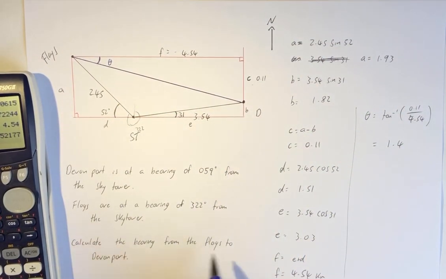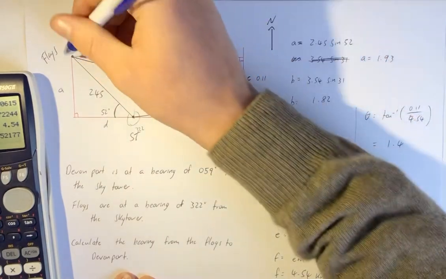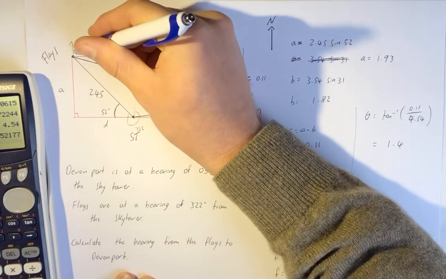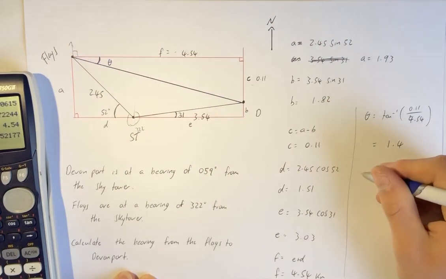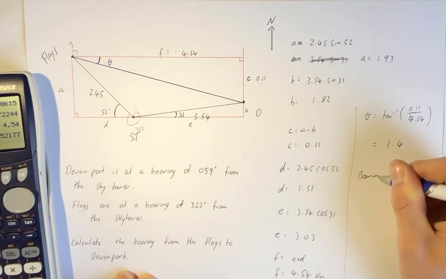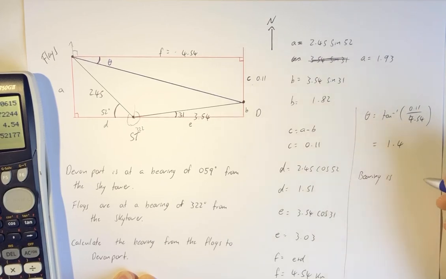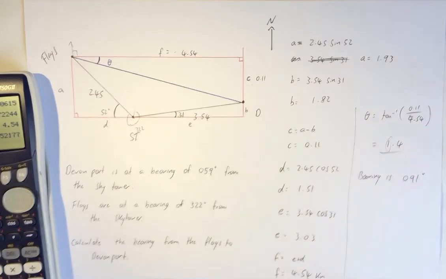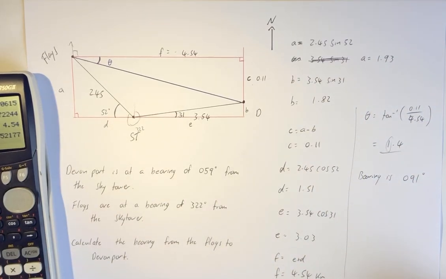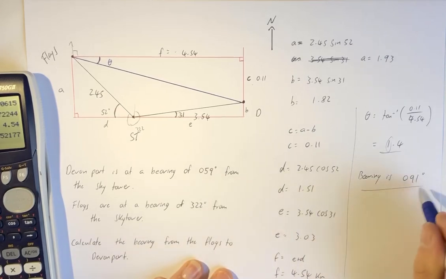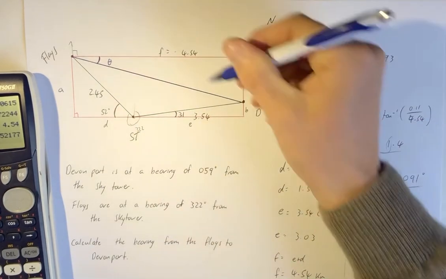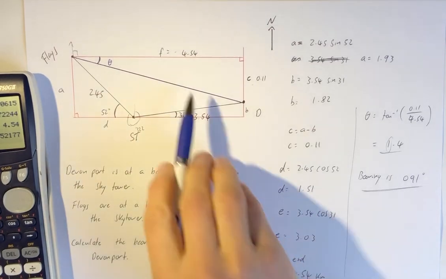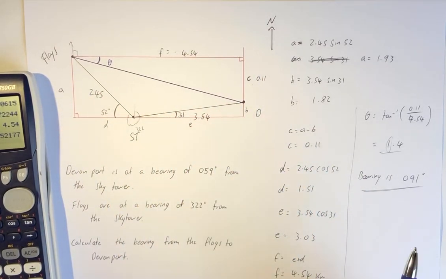We want the bearing from the flags to Devonport. If that was north, we just have to add 90 to that angle, don't we? So the bearing is 91.4, round to the nearest degree, a bearing of 91. Excellent. And you could easily calculate the distance as well, using just Pythagoras.